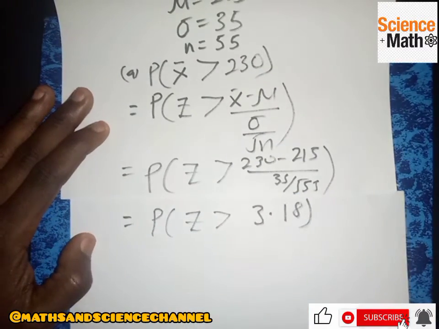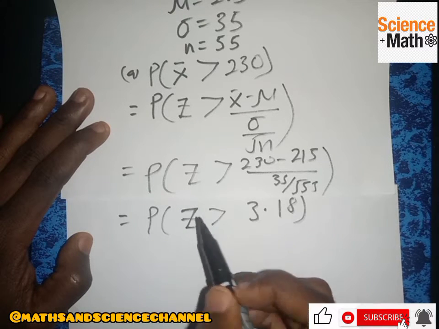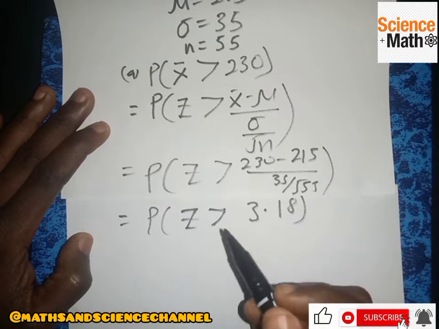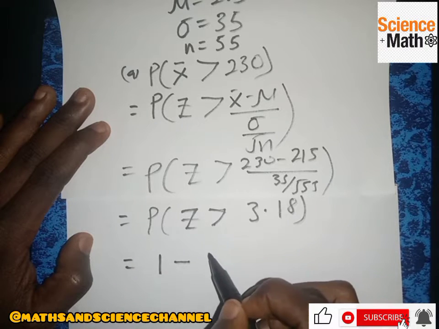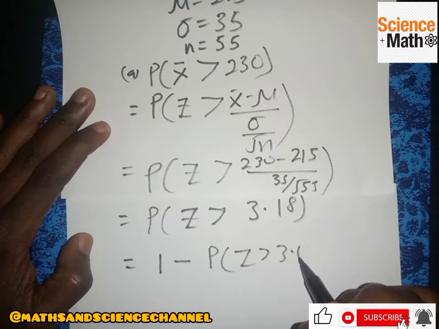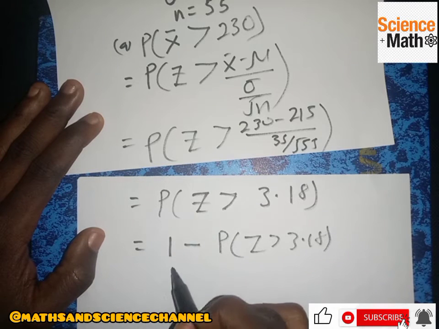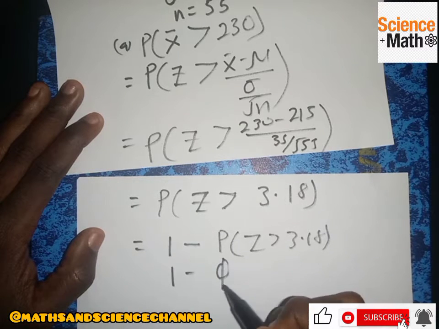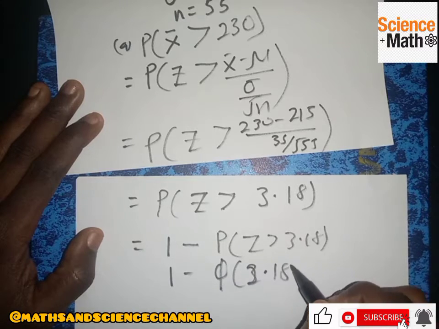Then remember again, we said that if the probability for a particular distribution that we are given is greater than the value that we are looking for, always it is 1 minus the probability of that sample. So in this case we can write this as 1 minus the CDF of 3.18.